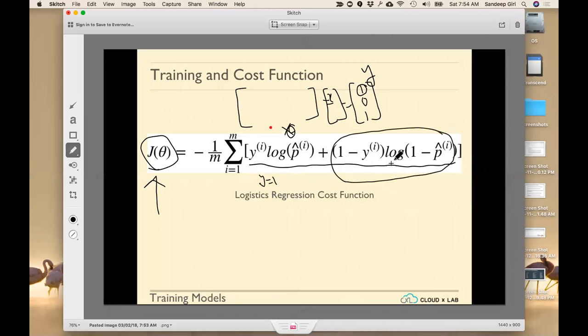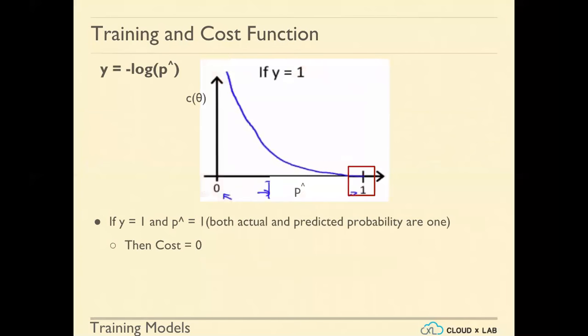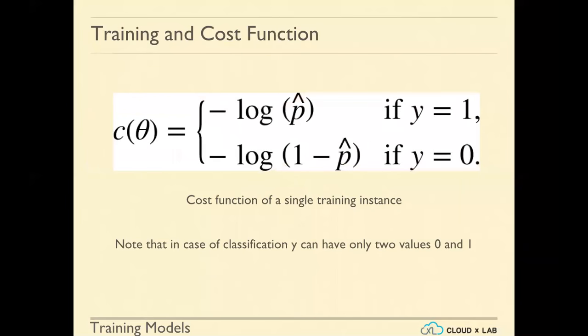So the cost function would only have this term. If y is 0, it will multiply with 0 the log of probability, and therefore this term will disappear and only this term will remain, correct? So whatever we have told here, this condition is represented like this.